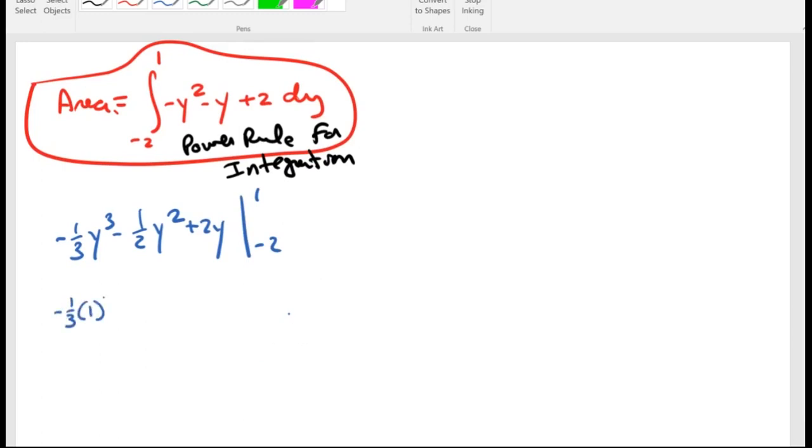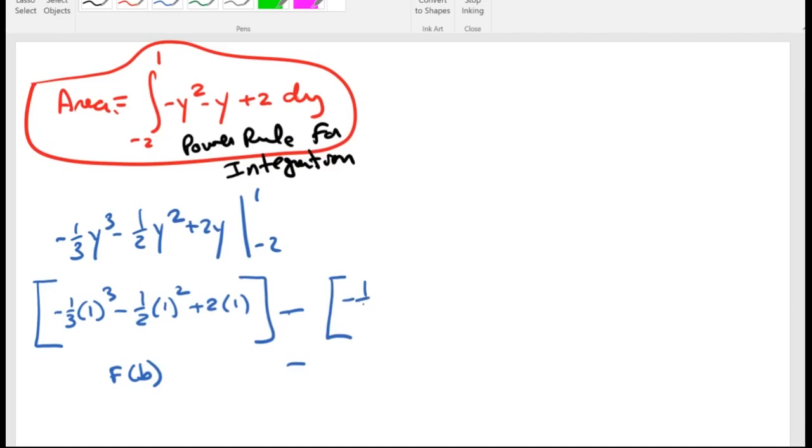Negative 1/3, 1 to the third power, minus 1/2, 1 to the second power, plus 2 times 1. This is the F of b of the fundamental theorem of calculus. Now we have to subtract the F of a.